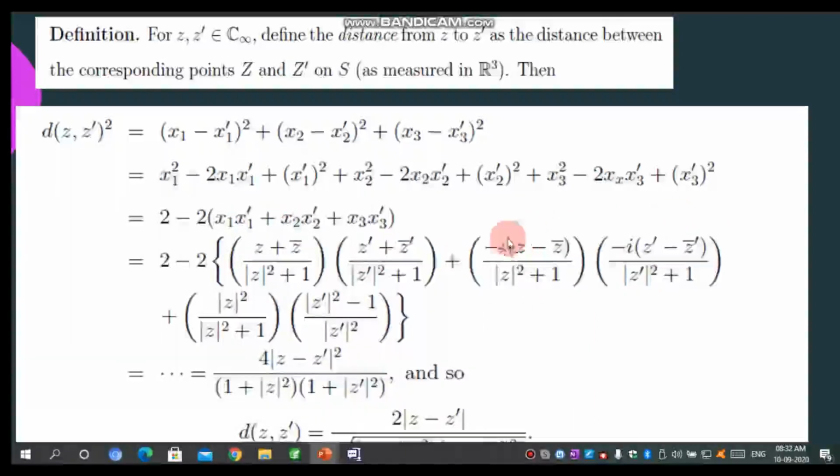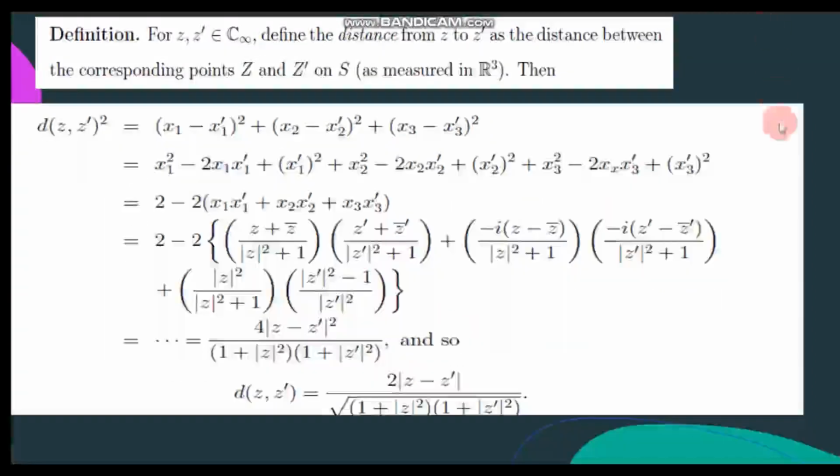So when you substitute here, after all the calculation, you will get d(z, z dash) is equal to 2 into modulus of z minus z dash divided by root of 1 plus mod z square into 1 plus mod z dash square.